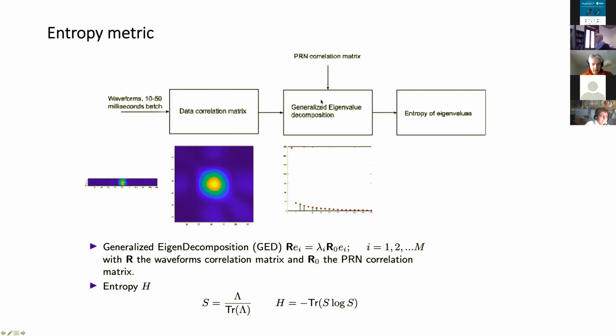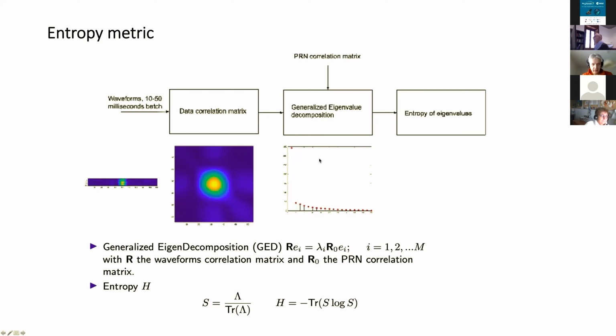So after this generalized decomposition, we calculate the eigenvalues that are represented in this picture. This picture represents the eigenvalues, which are sorted from the largest one to the smallest one.